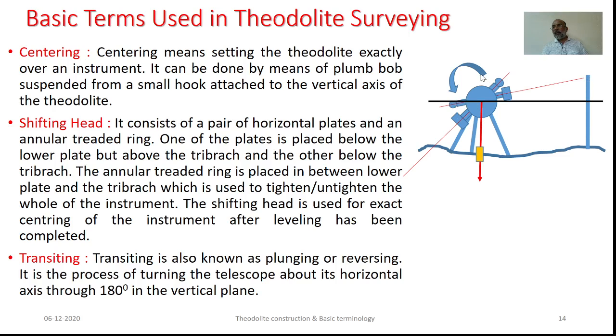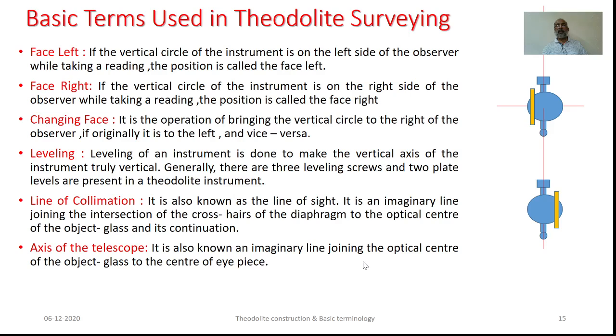It can be rotated fully through 180 degrees, and accordingly it can be turned in the opposite direction to sight the object in the reverse manner, in the backward order, without altering the position of the lens. As such, the rotation of this telescope in the vertical plane is termed transiting, or plunging, or reversing operation.